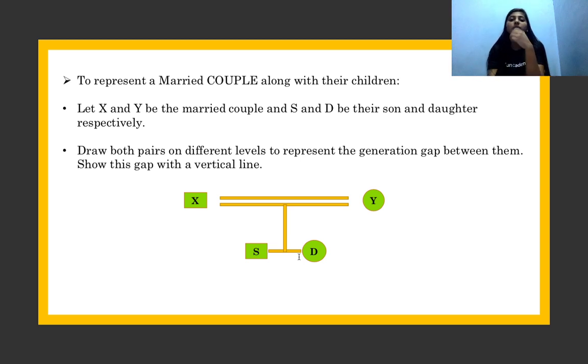Okay, the generation gap, because parents are from one generation and then children are next generation, their children will be next generation, like that. So if we talk about the grandparents of S and D, they will be one above their parents, so there will be a generation gap of 2 between grandparents and grandchildren. Okay.